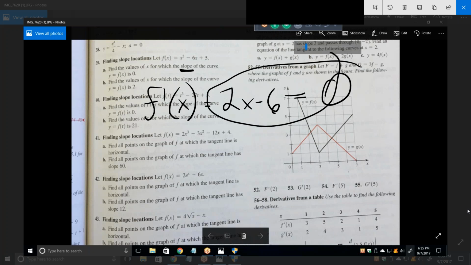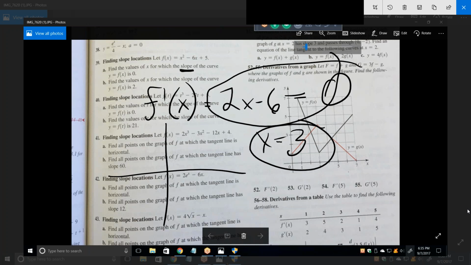So it'd be 2x equals 6, x equals 3. At the point x equals 3, if I were to graph that curve, the slope of the tangent line would be 0. Here's the kind of curve I'm looking at. If I go out to x equals 3, I know this curve is a parabola.